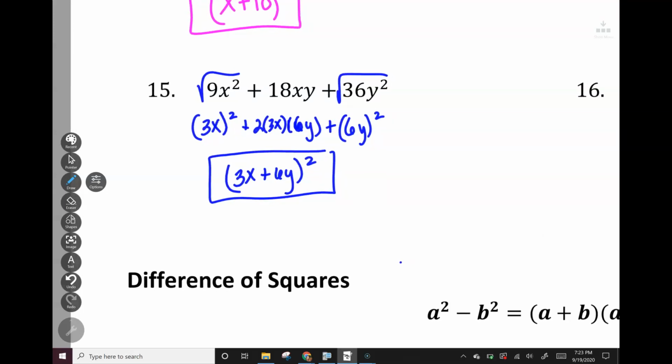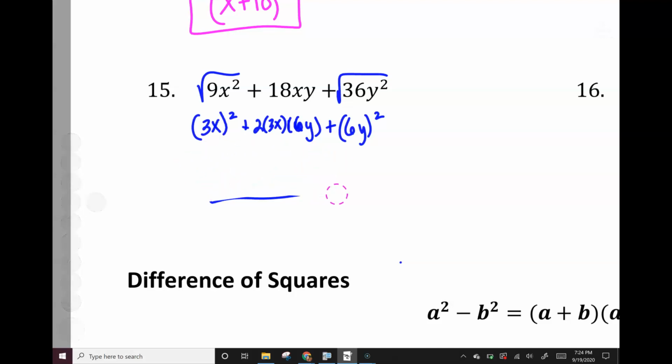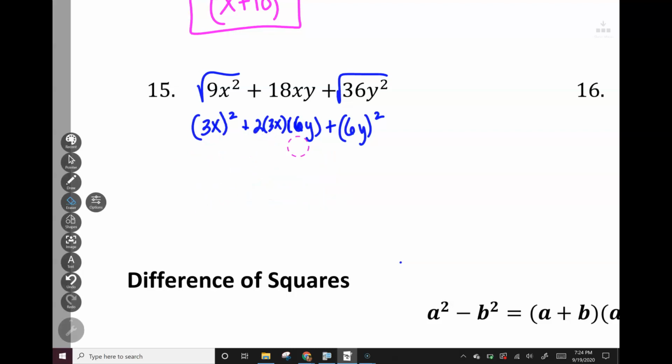Ooh, actually not. All right, this one actually didn't work. If you notice that middle term right there, the 2 times 3 times 6, that does not come out to 18, so you actually can't use the pattern. This one comes out to 36xy, not 18.